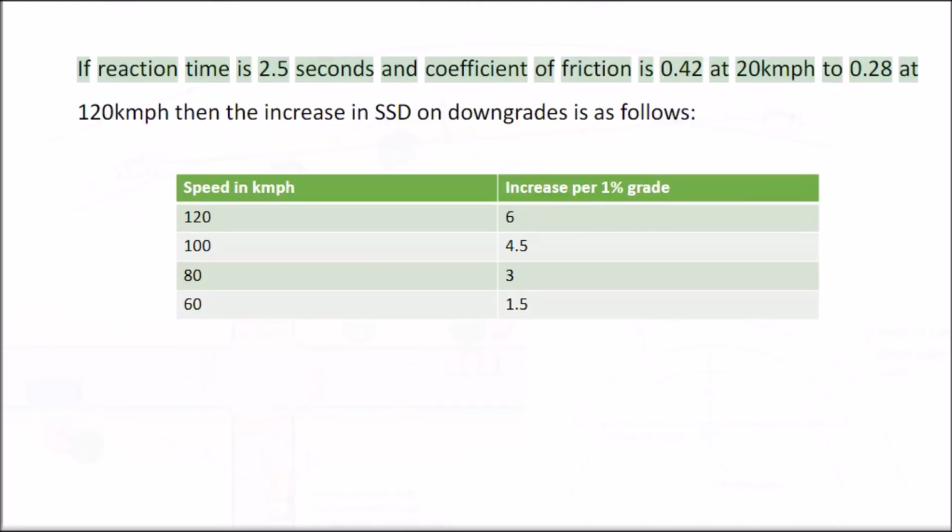If the reaction time is 2.5 seconds and the coefficient of friction is 0.42 at 20 kmph to 0.28 at 120 kmph, then the increase in SSD on downgrades is as follows.